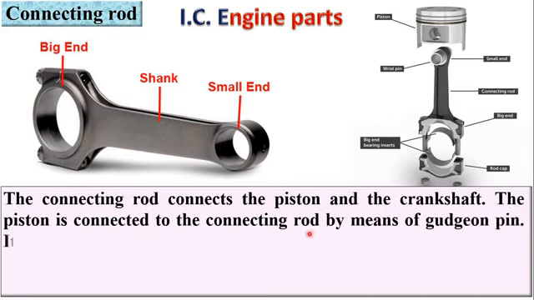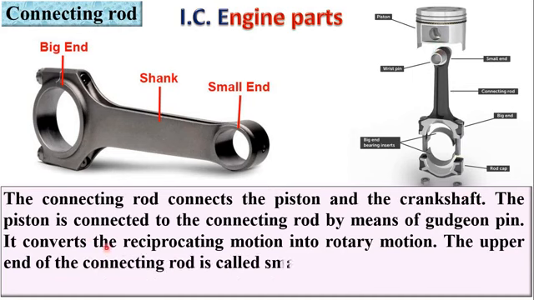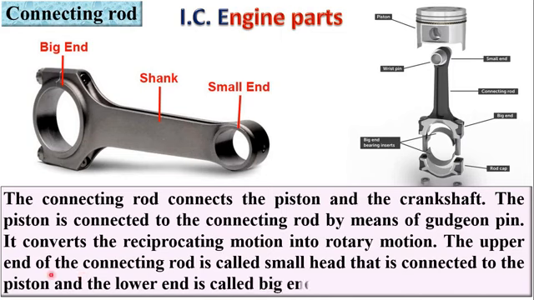The piston is connected to the connecting rod by means of gudgeon pin. So here this is the gudgeon pin. It converts the reciprocating motion into rotary motion. The upper end of the connecting rod is called as small head, and that is connected to the piston, and the lower end is called as the big end.